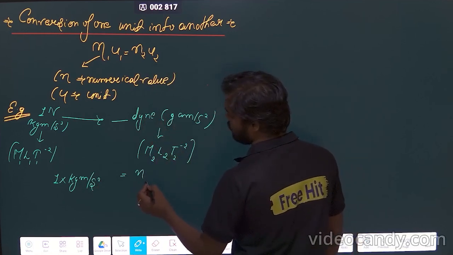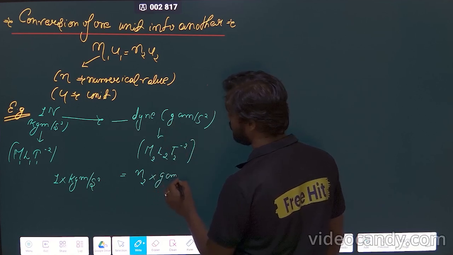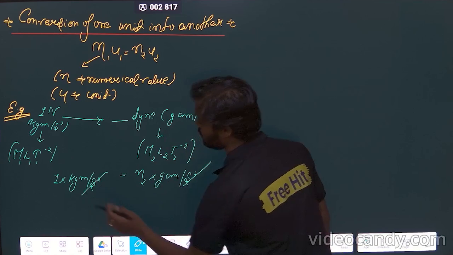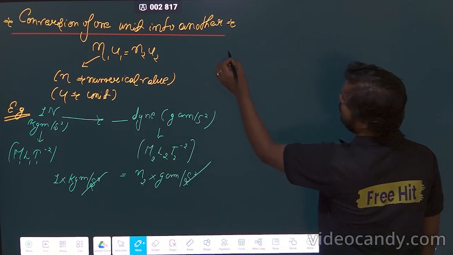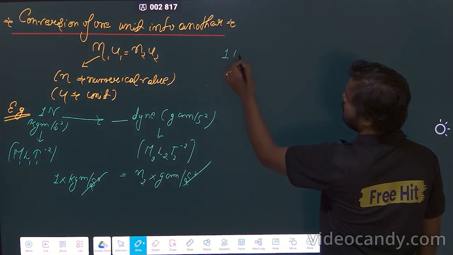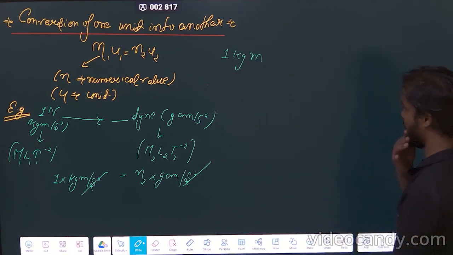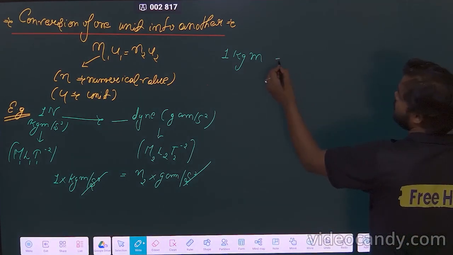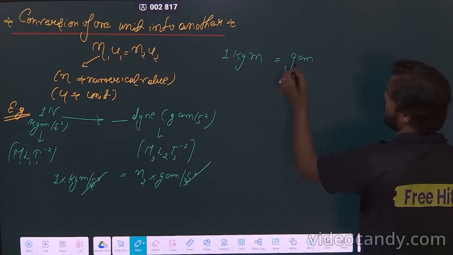N2 into unit 2. N2 I don't know, I have to find. What is unit 2? This is gram centimeter per second square. From here I can cancel the second square. What I will get now is 1 kg meter equal to gram centimeter into N2.